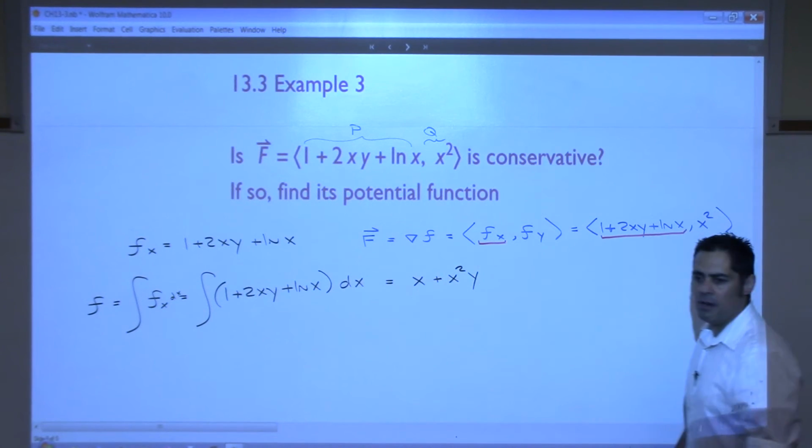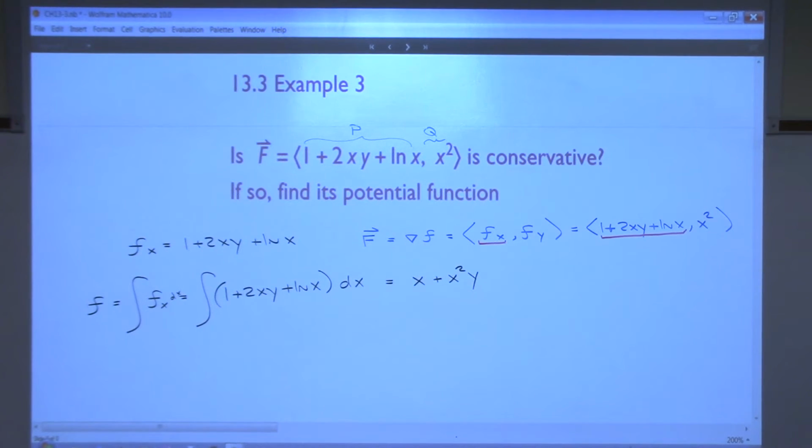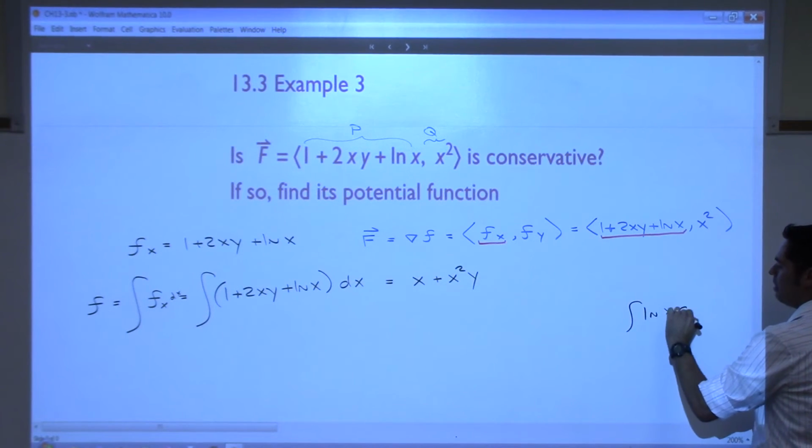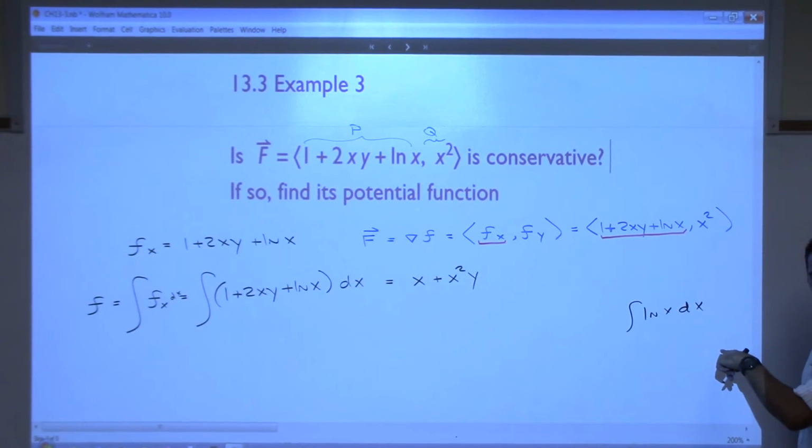What's the antiderivative of the natural log of x? Well, that's from Cal 2. In my Cal 2 class, we do it once and I give them the formula. I let them write it on their formula sheet. But if you tried to do that integration on your own, you could do integration by parts to get this.